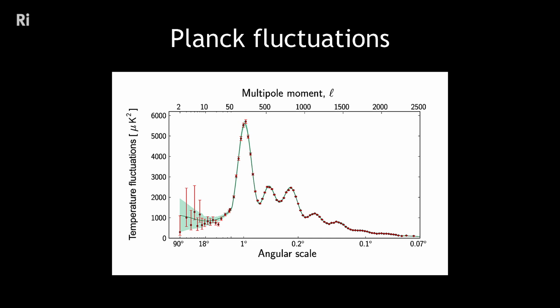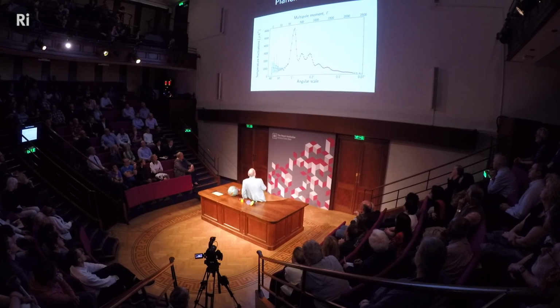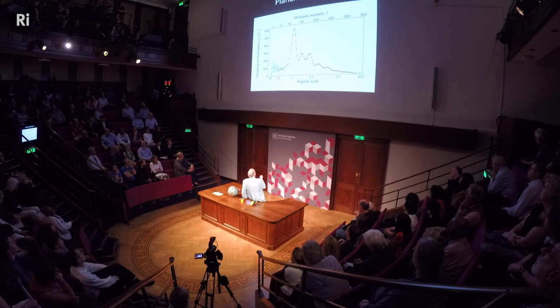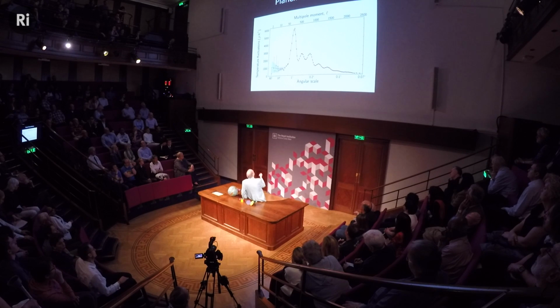And the green band here is the predictions of this standard inflationary Big Bang model, and the agreement is just outstanding. These peaks here represent acoustic waves in the early universe, and you can even look at the amplitudes of these and figure out the ratio of dark matter and normal matter and so forth. So this is a spectacular result.